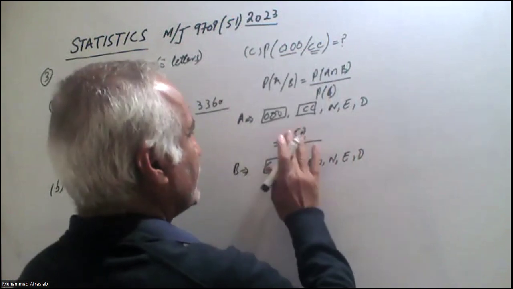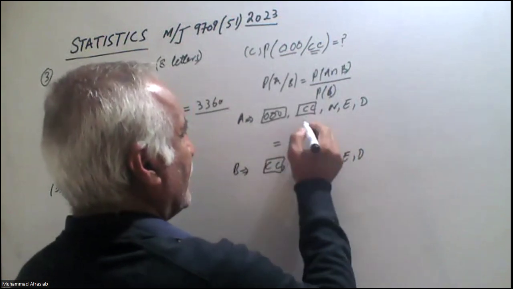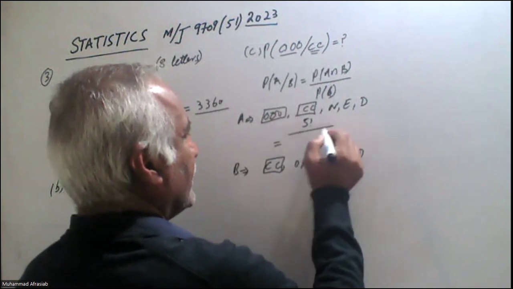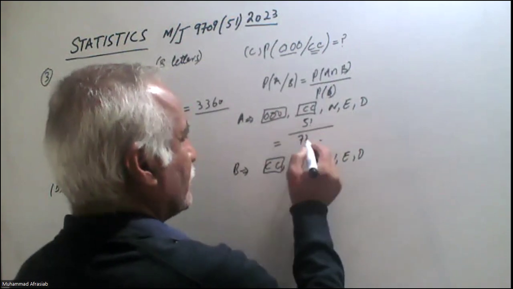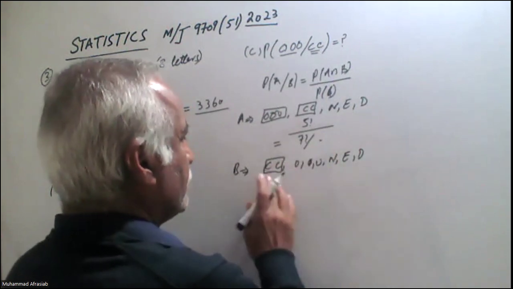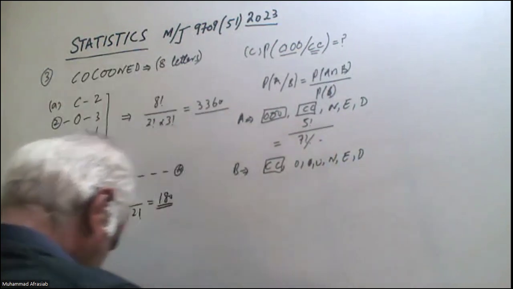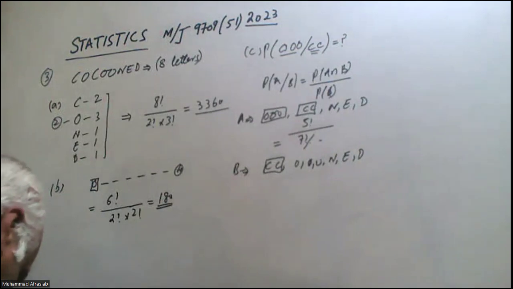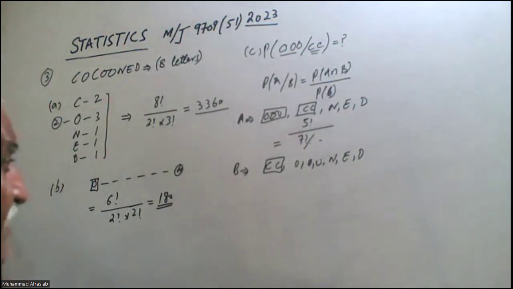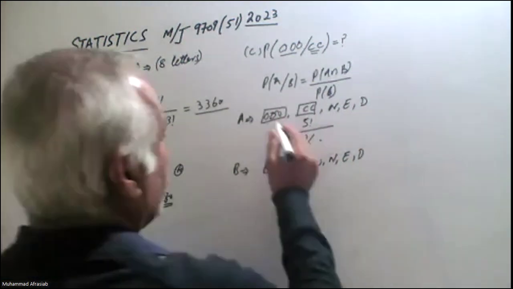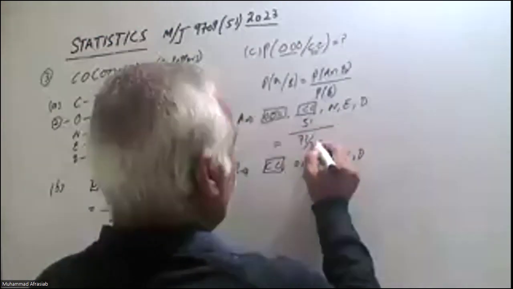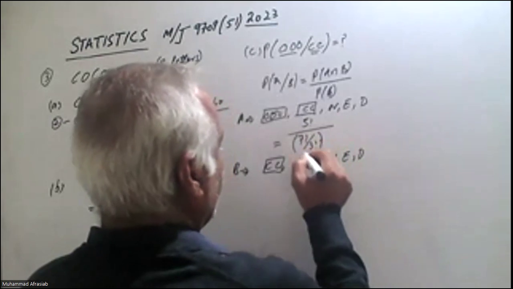So we can write this thing as 5 factorial divided by 7 factorial, but there are two C's together. So you can further divide it by 3 O's, which are of the same type. So it should be divided by 3 factorial.